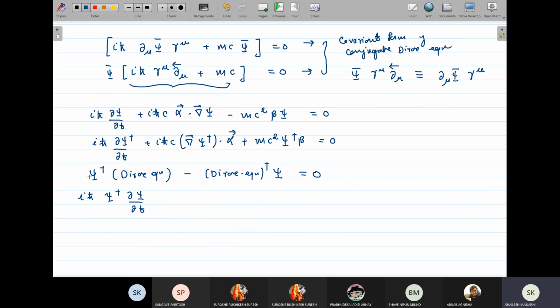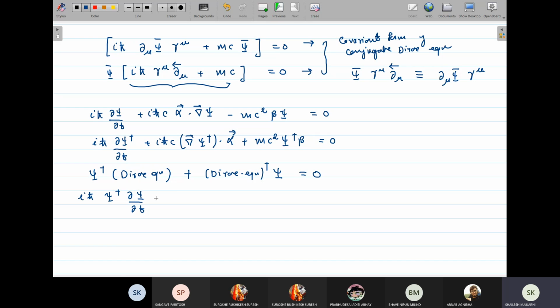Fine. Now in this form you add them, since I have taken the minus sign common. You multiply the Dirac equation from the left by ψ†, and add to that the conjugate equation after multiplying with ψ from the right.